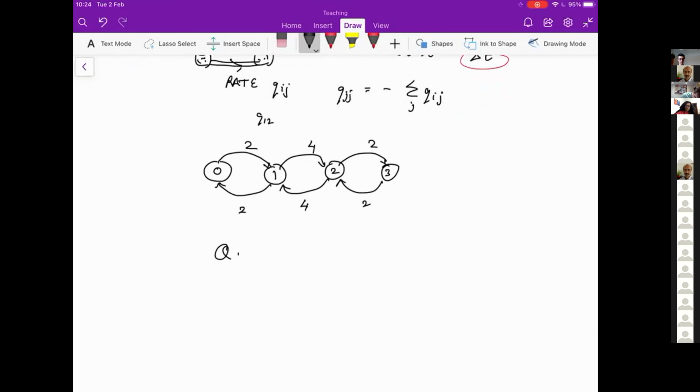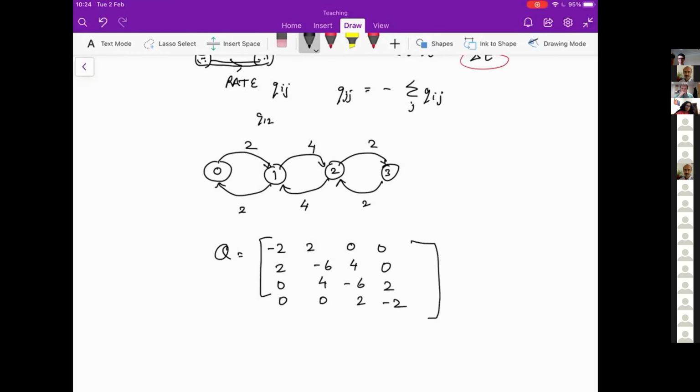So the Q matrix is going to be given by this. You can write it down in various different ways, but the easiest way is to say, well, that's a birth-death process. So from equation 6.19, we can just write this down as minus 2, 2, 0, 0; 2, minus 6, 4, 0; 0, 4, minus 6, 2; and 0, 0, 2, minus 2.